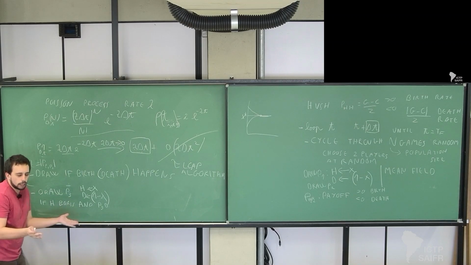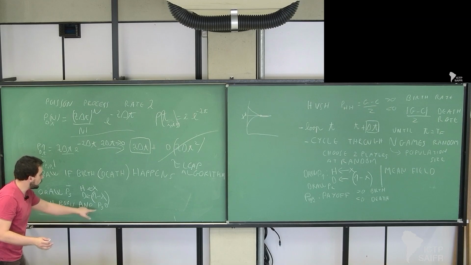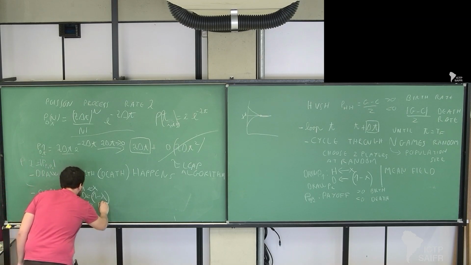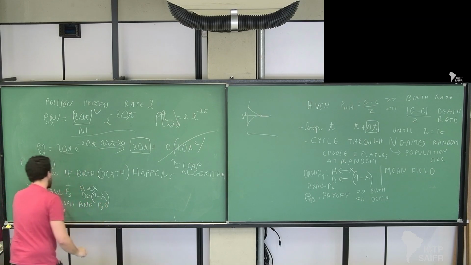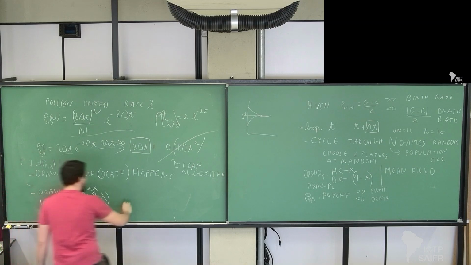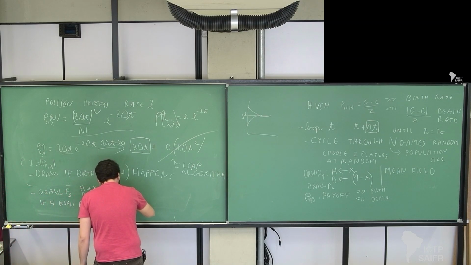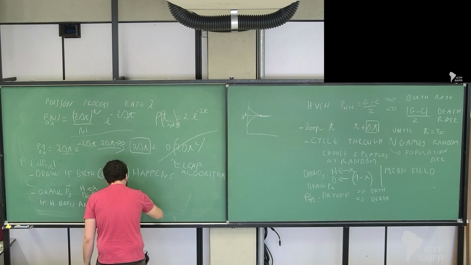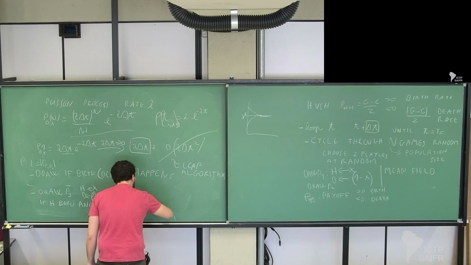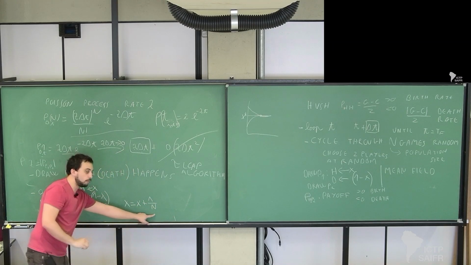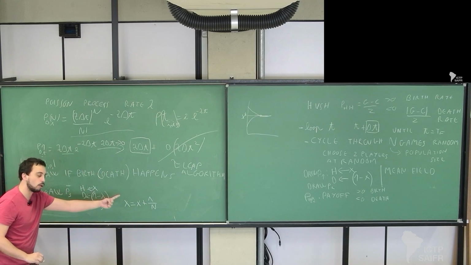So the population composition doesn't change. So if P3 is a dove, and you have a birth of a hawk, x becomes equal to x plus 1 over n, because n is the population size. So you drew one more hawk.